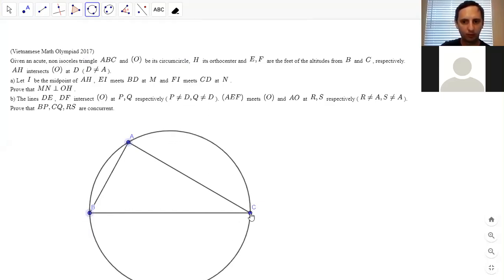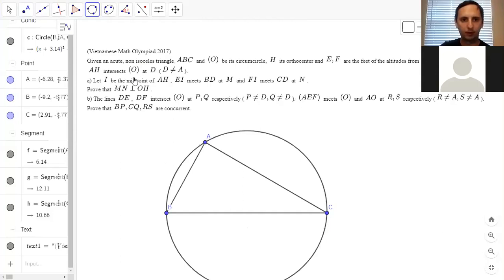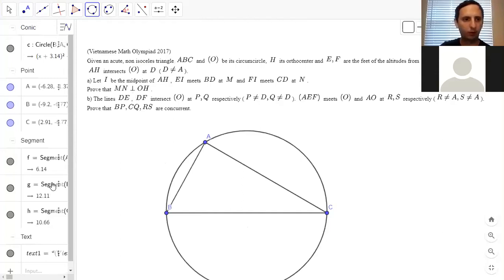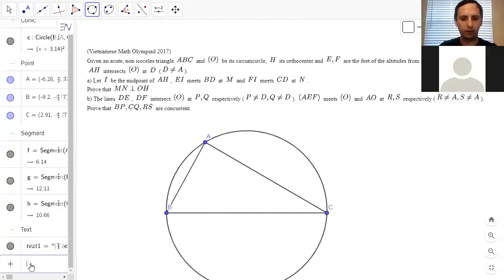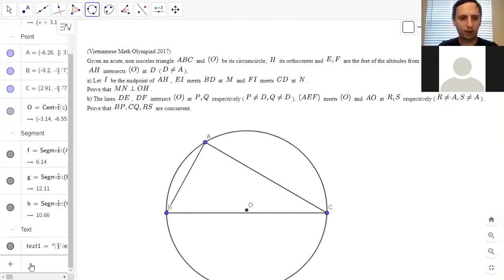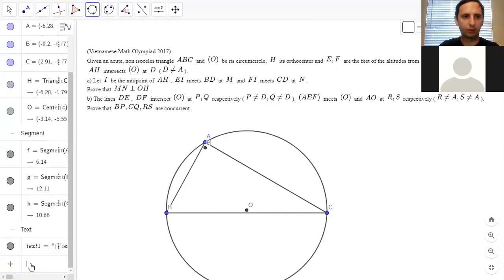H is the orthocenter. And I'm going to need the point O actually. So O is the center of C. And H is the orthocenter. I might draw the altitudes later.